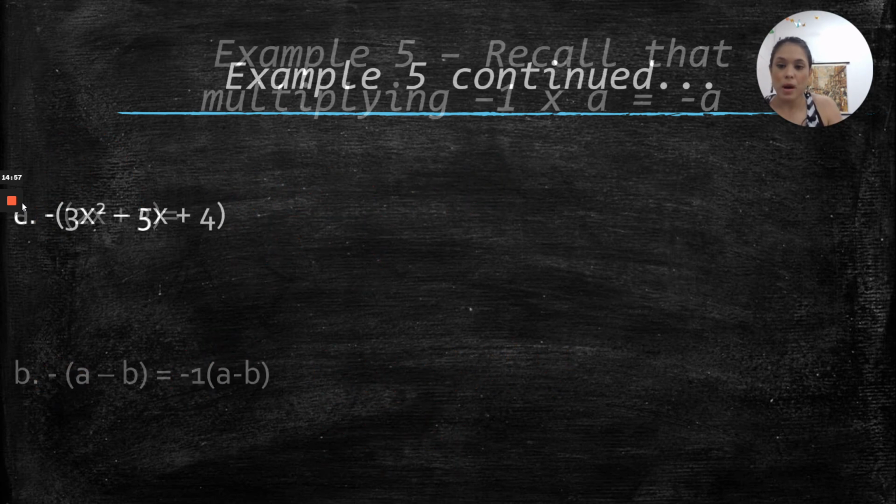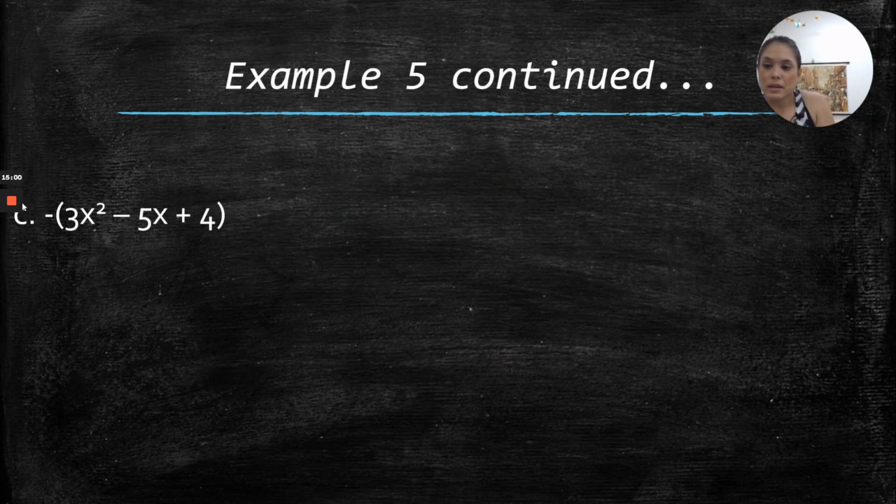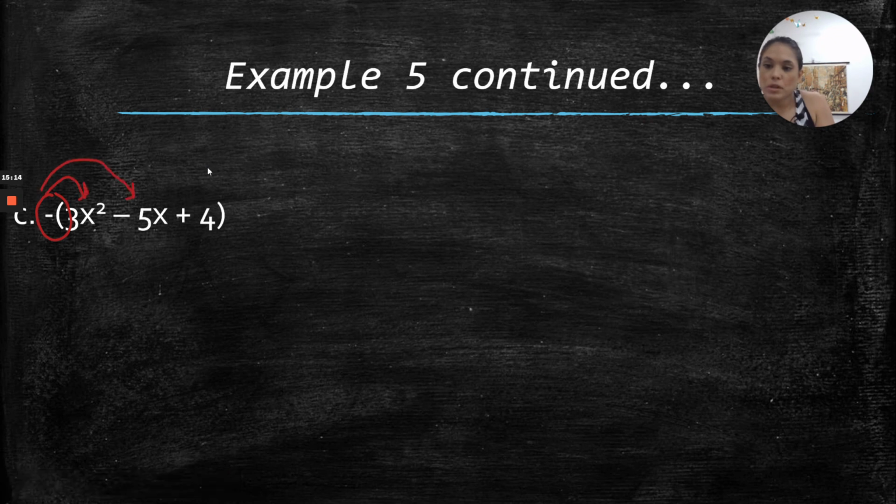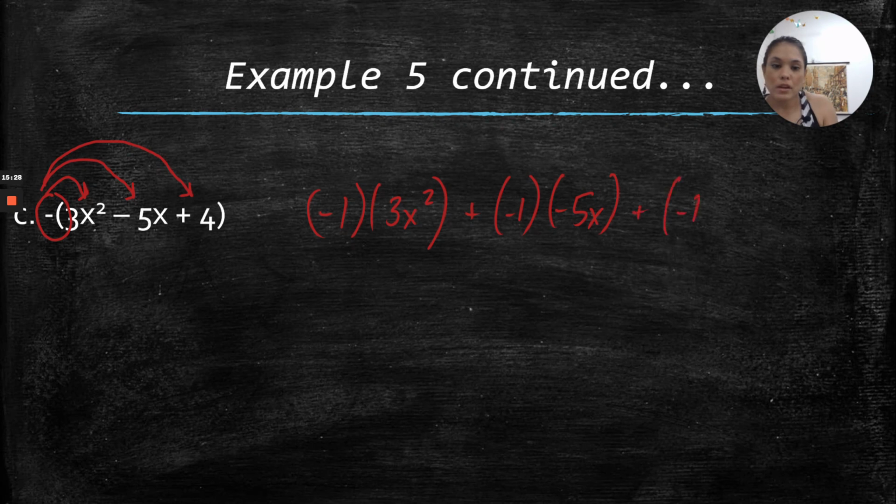Hang tight, one last problem. So we have a negative 1 right here. A negative 1, so let's distribute that to all 3 terms. So negative 1 times 3x squared plus negative 1 times negative 5x plus negative 1 times positive 4.